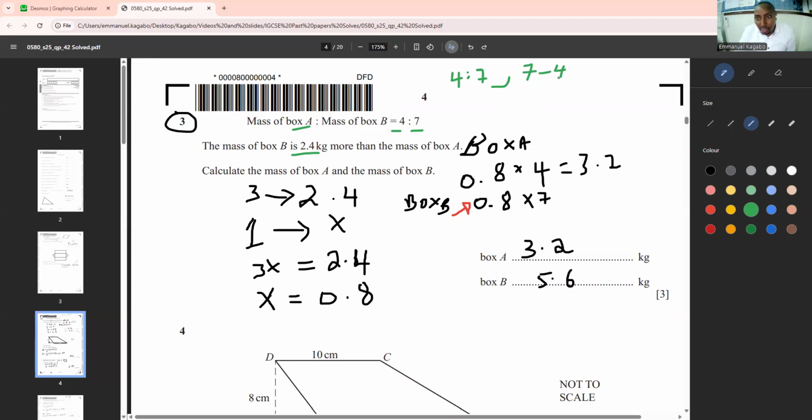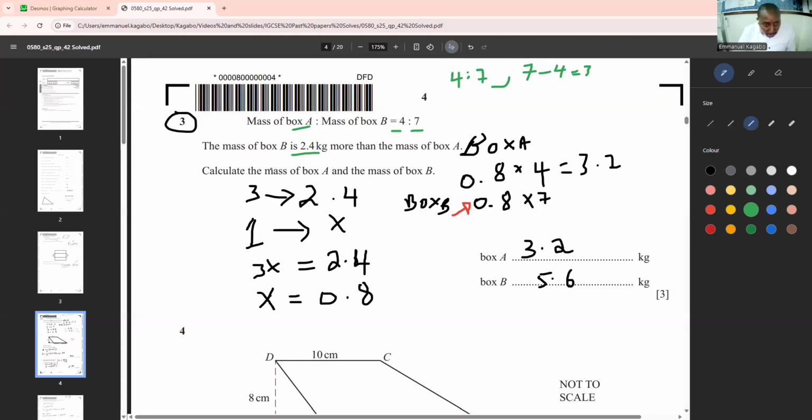Let me write it very well for everyone to see. So this is the 3. That means box B is 3 more than box A. Now, that means 3 units should be equivalent to 2.4, because they said the mass of box B is 2.4 more than the mass of box A. It's by 3, because you get 7 minus 4.